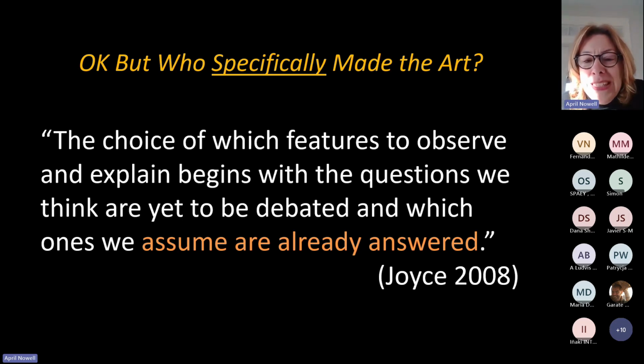And Rosemary Joyce in 2008 wrote that we don't ask the questions that we think have already been answered. And that really influences our research directions.